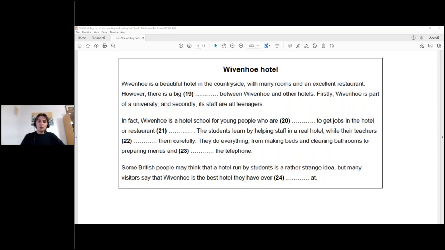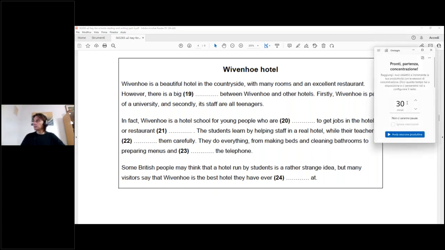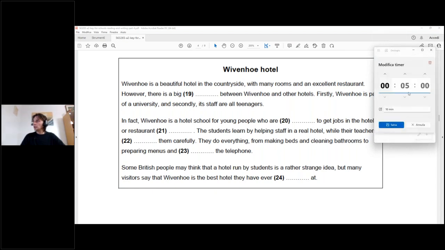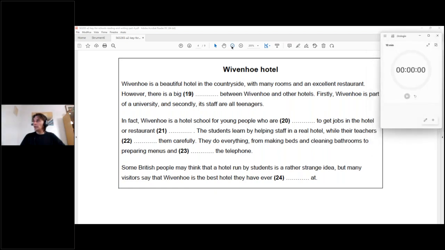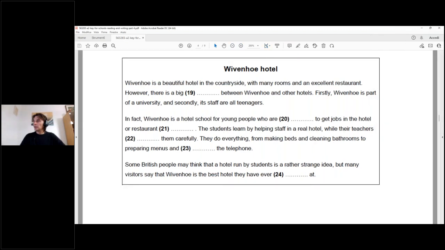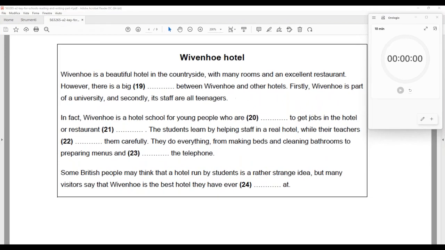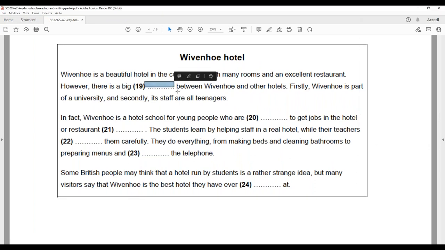I'm going to give you 10 minutes, and what I want you to do is read this part again and try to complete the missing words with your own words. Don't forget to read your text, recording an audio on our WhatsApp group.